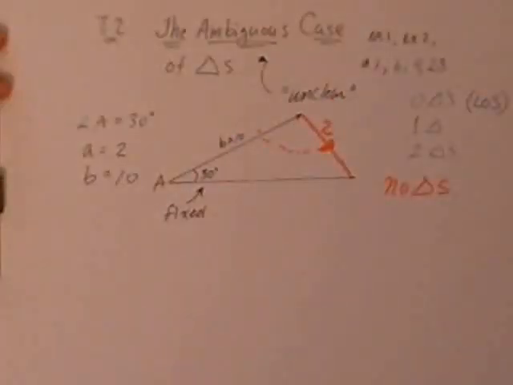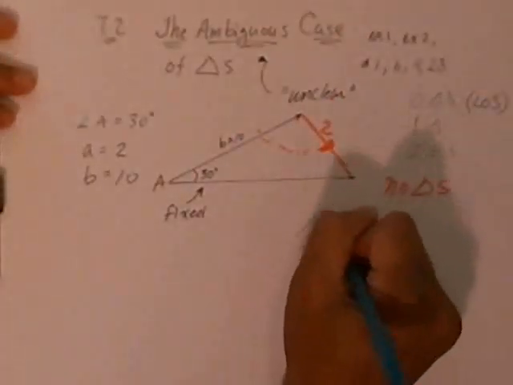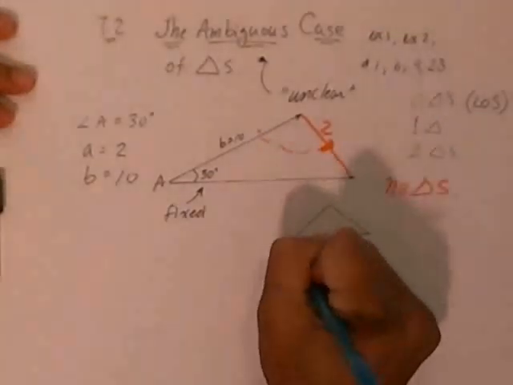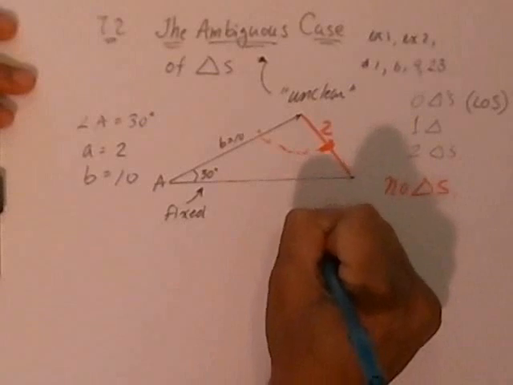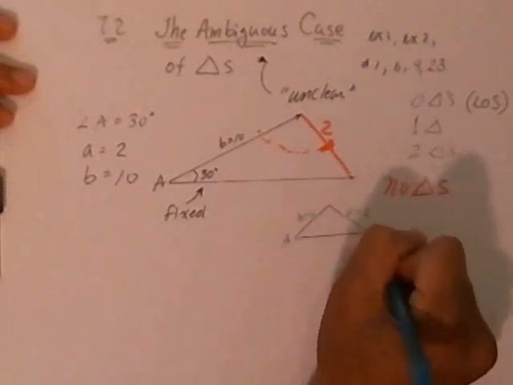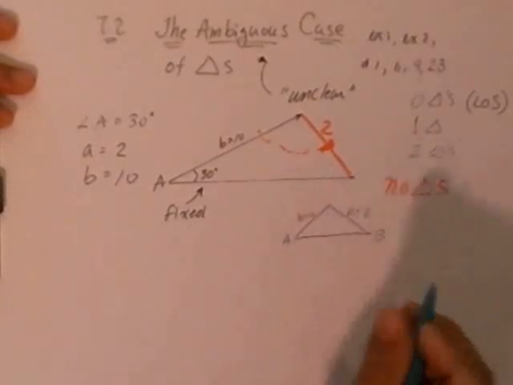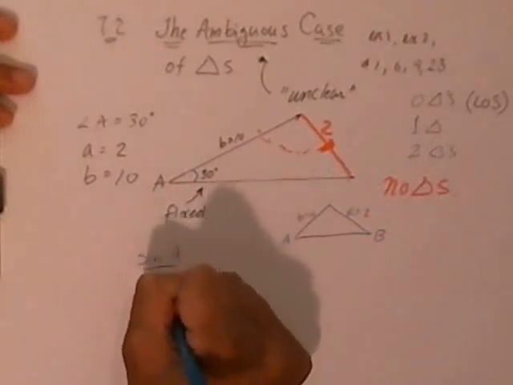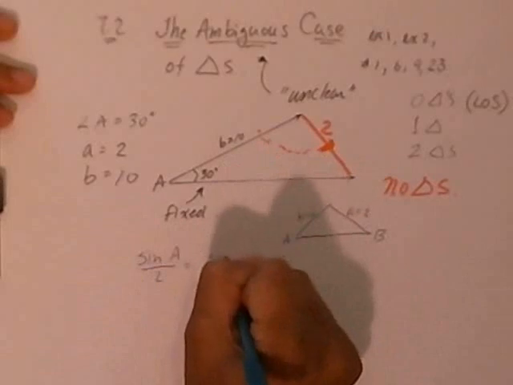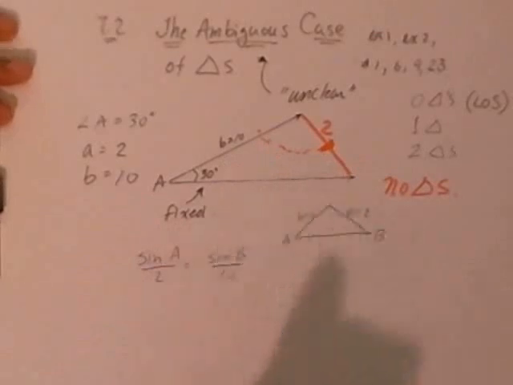Let's do it mathematically. Let's suppose it does make a triangle like this. Angle A, and little a is 2, and B is 10. And we're going to try to find out what big B is. Sine of A over 2 is equal to sine of big B over 10.